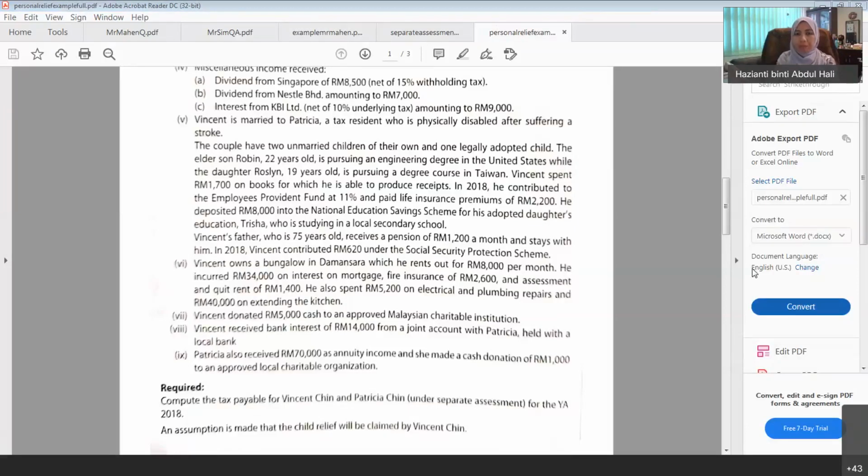Yep, a relief for a child below 18 years old, 2,000.